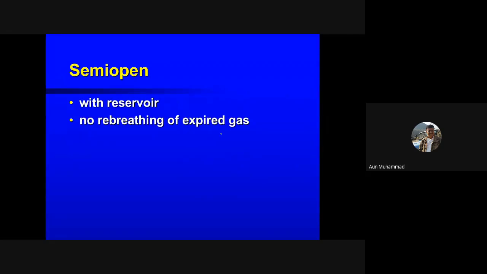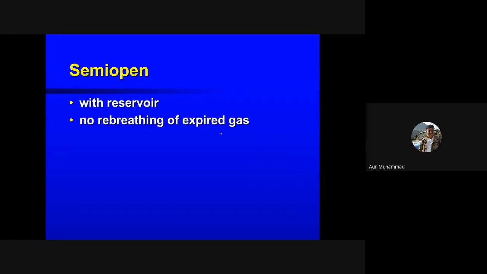So in this system, you cannot reuse the expired gas. We don't have any pipe for the expired gas, so the expired gas is released directly into the environment from the patient. We don't have any channel in which the expired gas, containing the anesthetic plus the carbon dioxide, could be withheld.